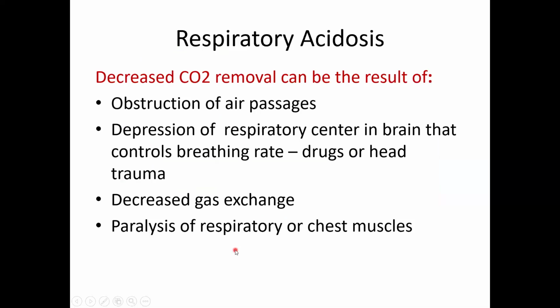There are certain conditions why carbon dioxide is trapped and cannot be expelled properly out of the lungs. These include obstruction of air passages, depression of respiratory centers in the brain that control breathing rate, decreased gas exchange, or paralysis of respiratory chest muscles.